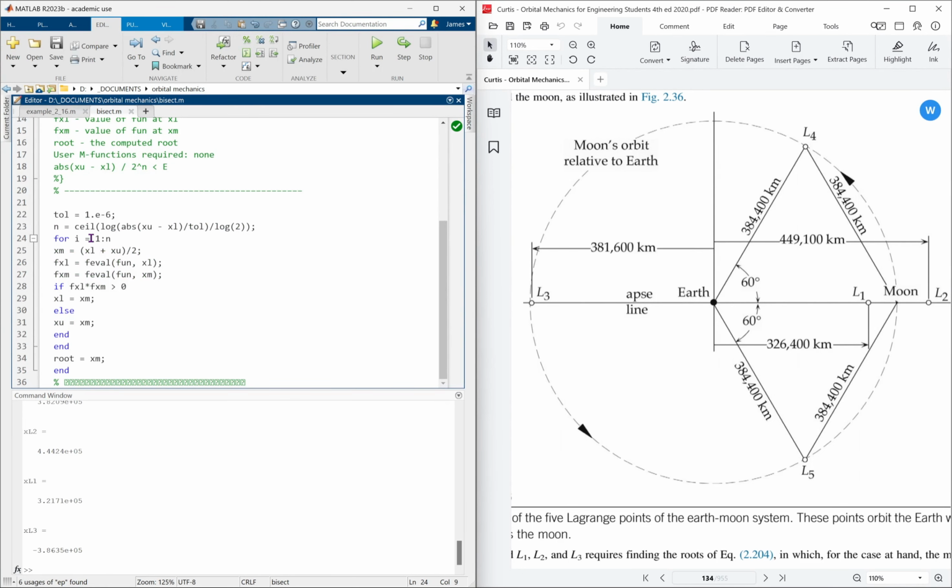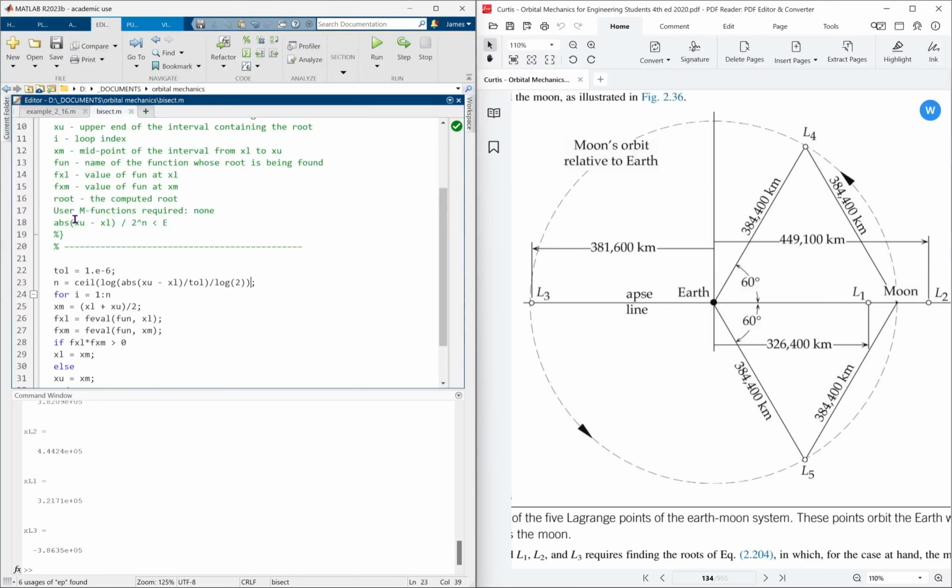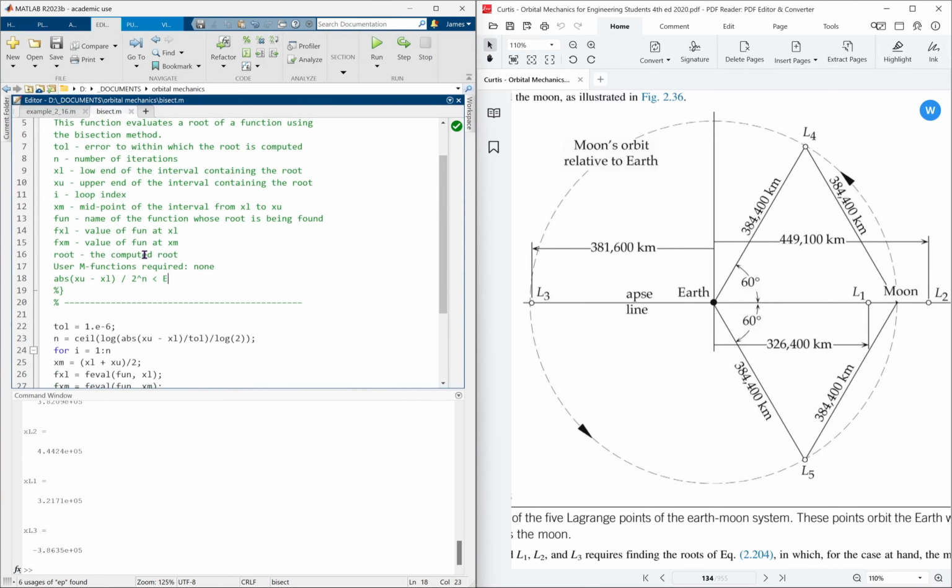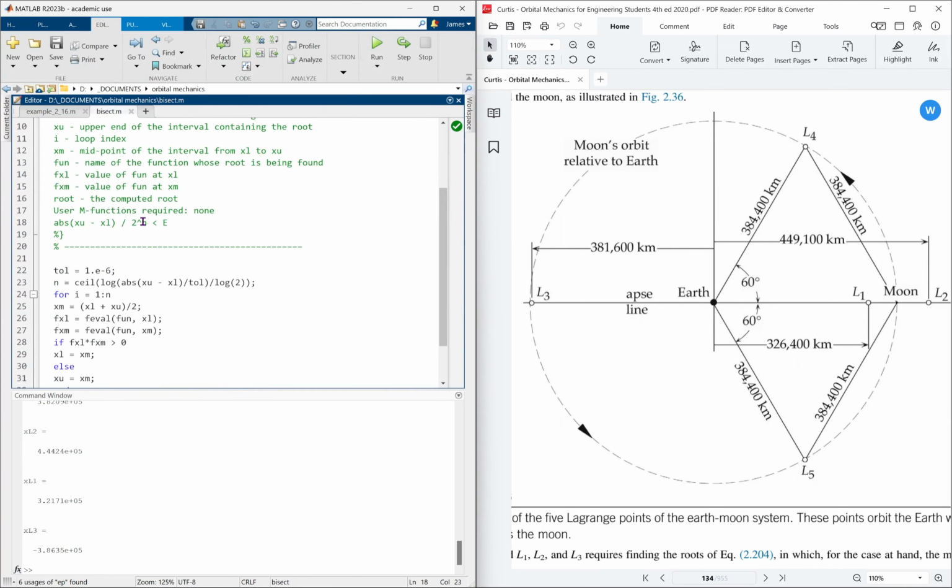Now n is the ceiling of this equation. If you have this to start with, which is the absolute value of the upper limit minus the lower limit divided by 2 to the power of n, is less than the error margin that we're looking for, right? And that makes sense, right? Every time we do this, we halve the size of the search area, roughly.